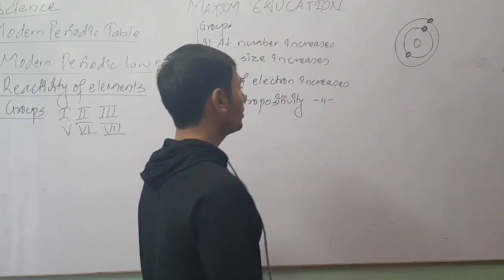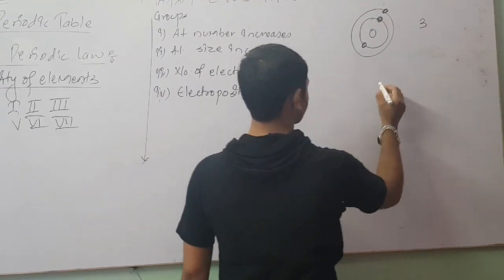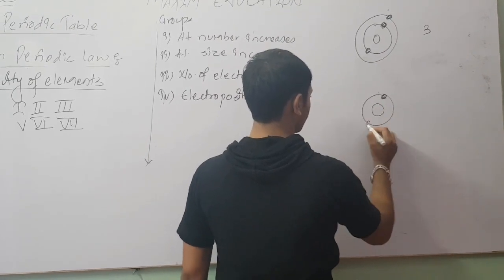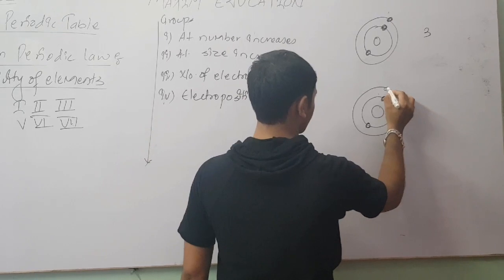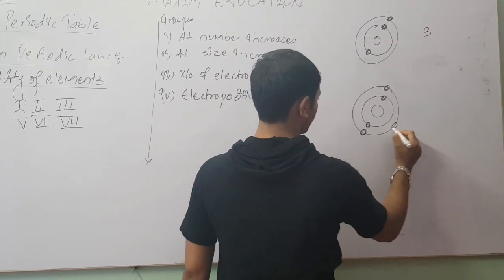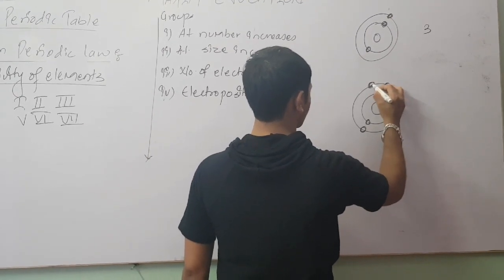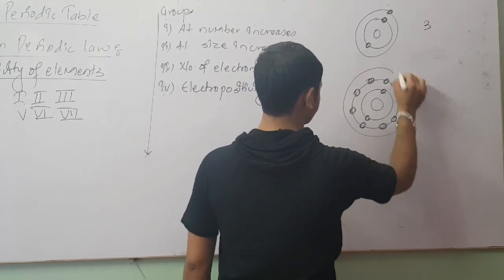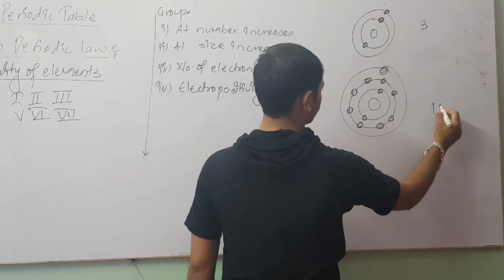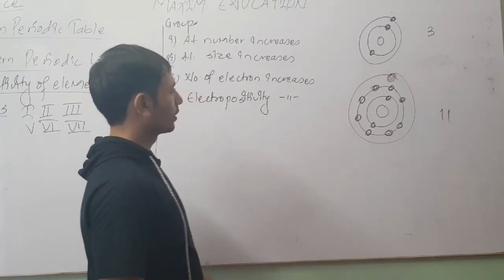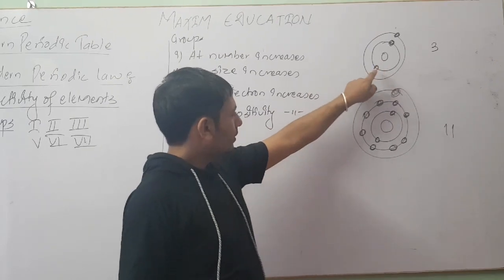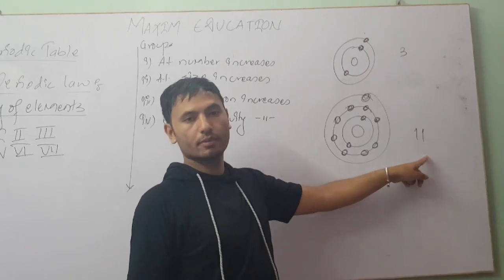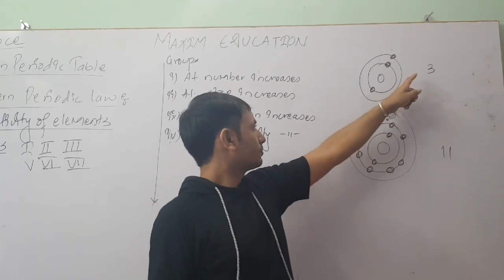The atomic number of sodium is 11. 1, 2, 3, 4, 5, 6, 7, 8, 9, 10, 11. These two, okay? Look, the atomic number increases first while moving from top to bottom. 3, then 11. Okay?